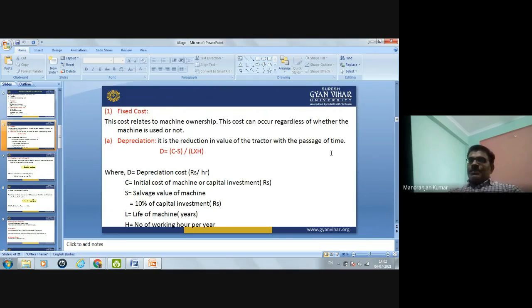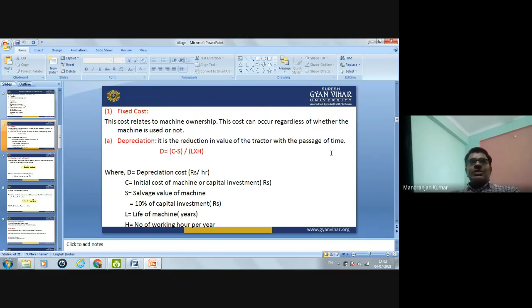So first is the fixed cost. This cost relates to machine ownership. This cost can occur regardless of whether the machine is used or not. So this will always occur.